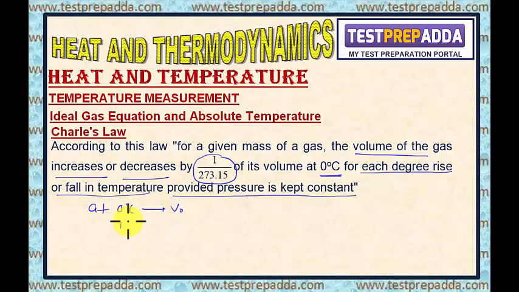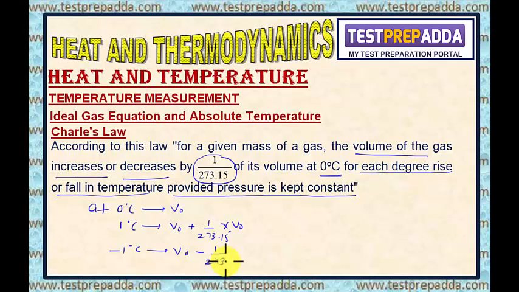Then at 1 degree Celsius, volume will become V naught plus 1 upon 273.15 into V naught. Volume increases by 1 upon 273.15 of its volume at 0 degrees Celsius for each degree rise of the temperature.